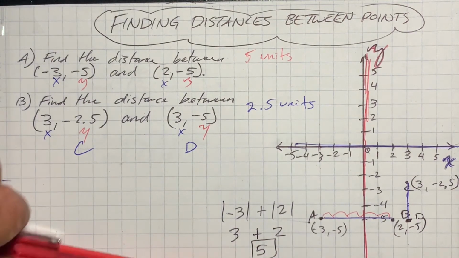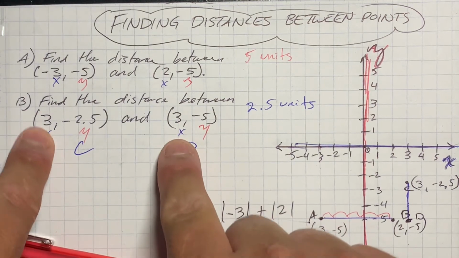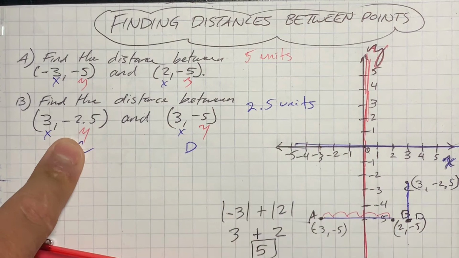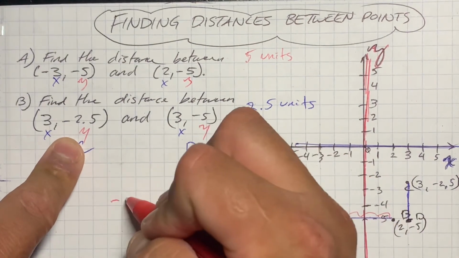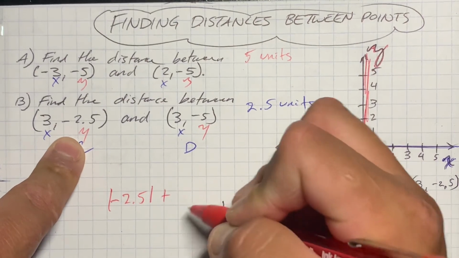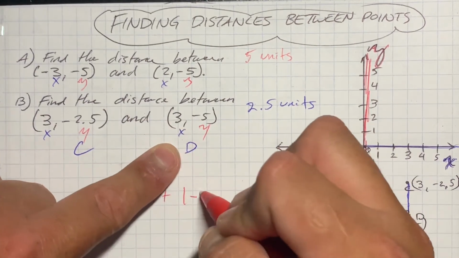So again, because you have the same x values, we're going to look at the y values. The y value here is -2.5. So I want to find the absolute value of that and add that to the absolute value of -5.